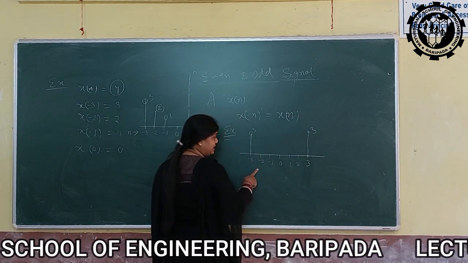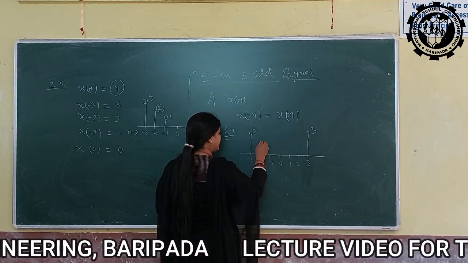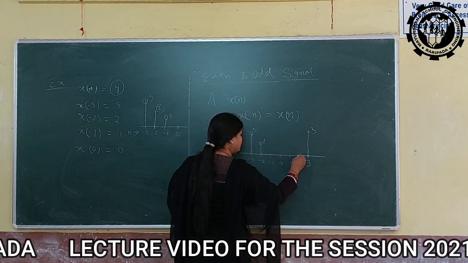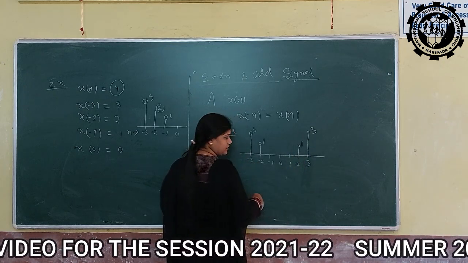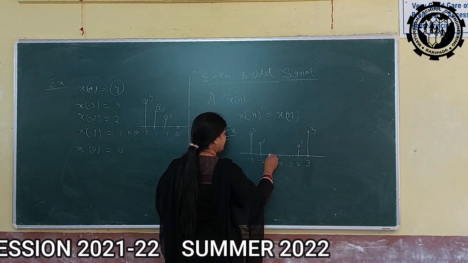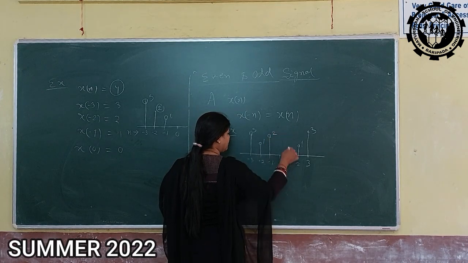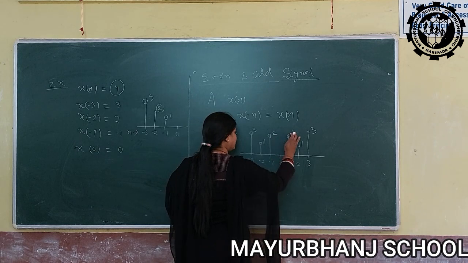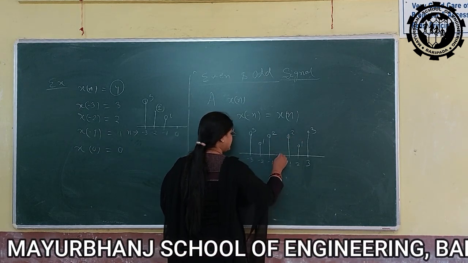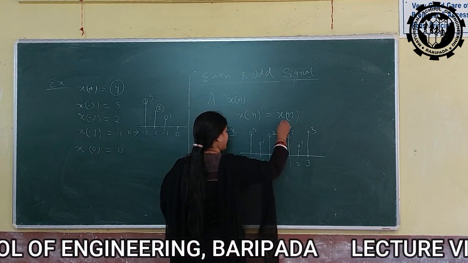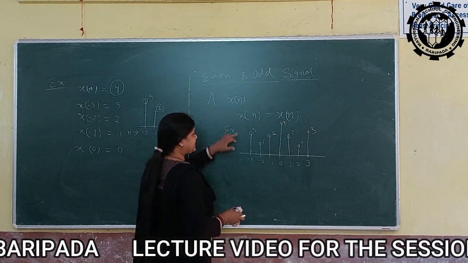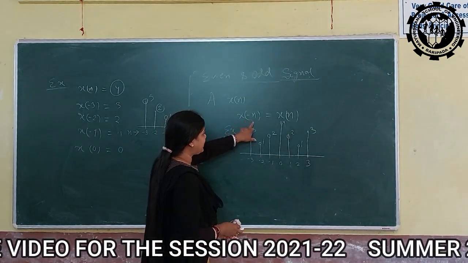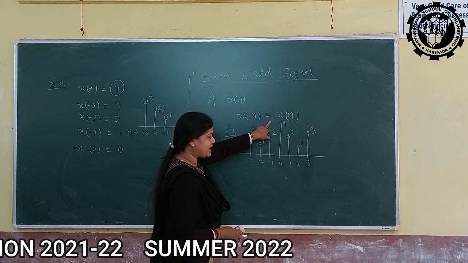At -2, if its value is 1, then at 2 it is also 1. At -1, if its value is 2, at 1 it also has 2. That means it satisfies the condition x of -n is equal to x of n.